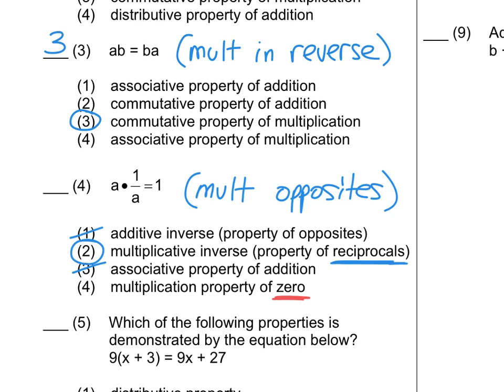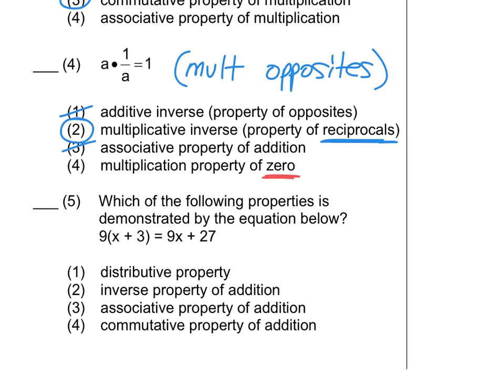Which of the following properties is demonstrated by the equation below? Distributive, yeah. That one, I honestly don't know that we need to make notes because we've already kind of established what inverse property looks like, what commutative property looks like.